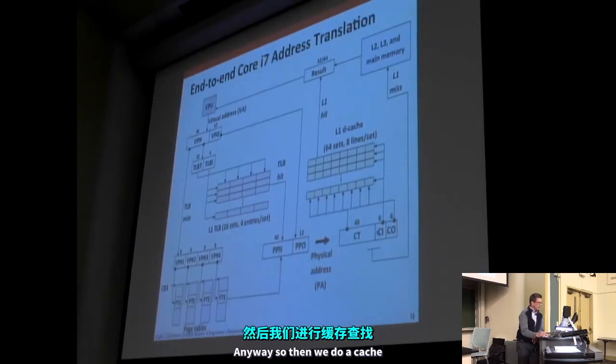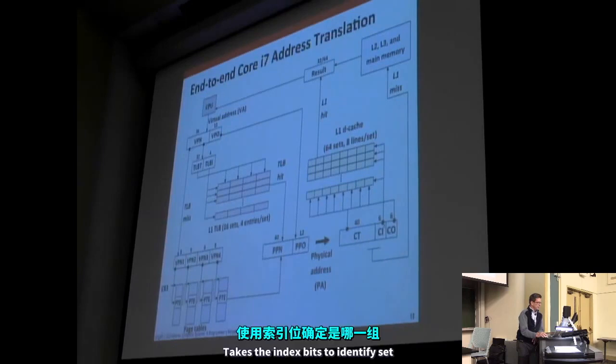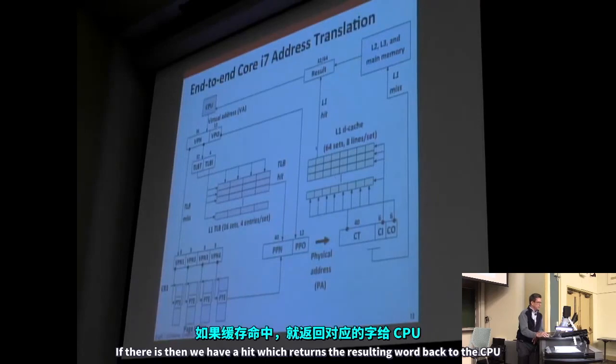So anyway, the cache does a lookup using this physical address, takes the index bits to identify a set, and uses the tag to see if there's a match. If there is, then we have a hit, which returns the resulting word back to the CPU.